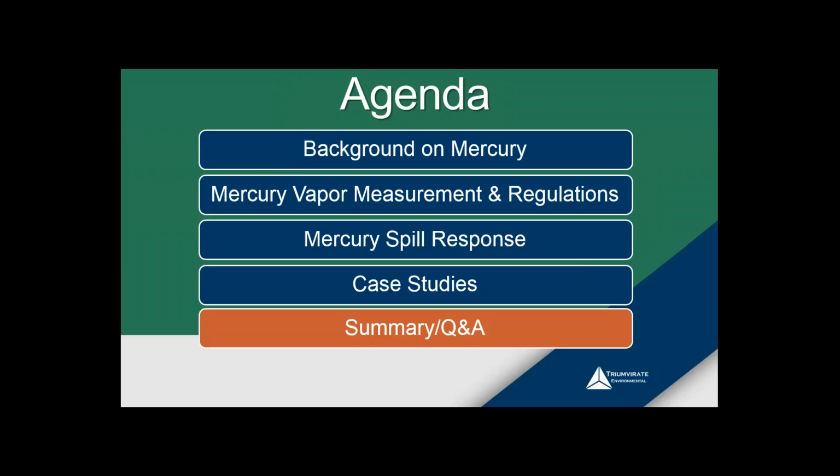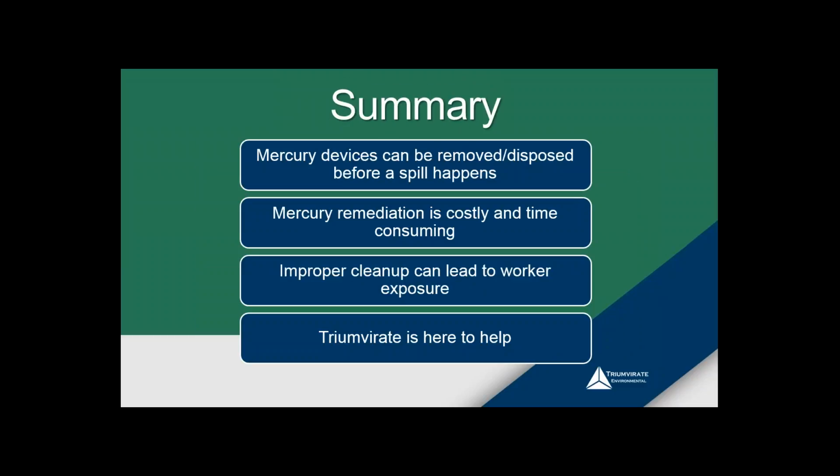So after those case studies, I just have a brief summary of everything, and then we'll move into a Q&A. So to summarize, mercury devices can be removed or disposed of before a spill happens.